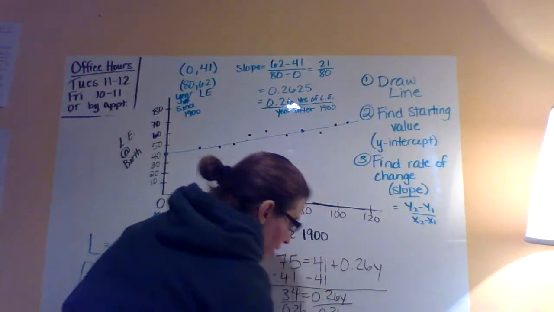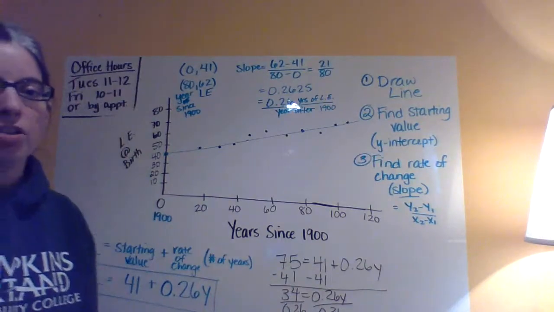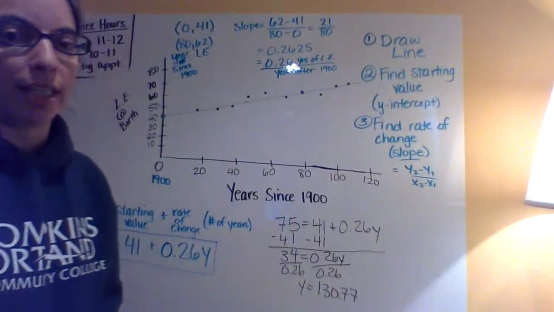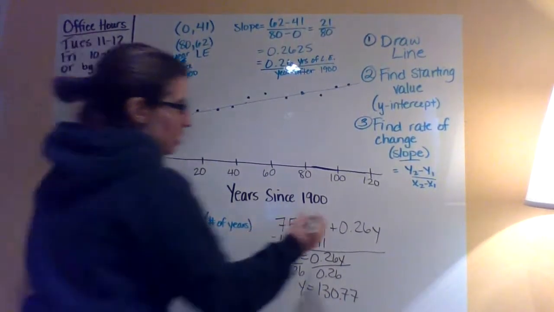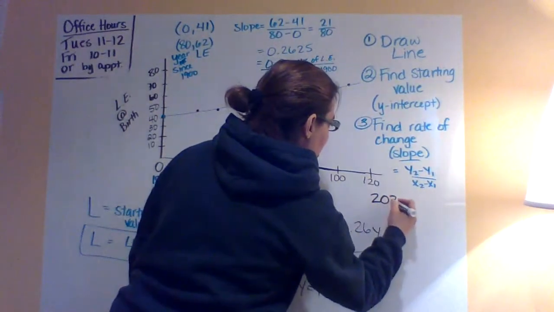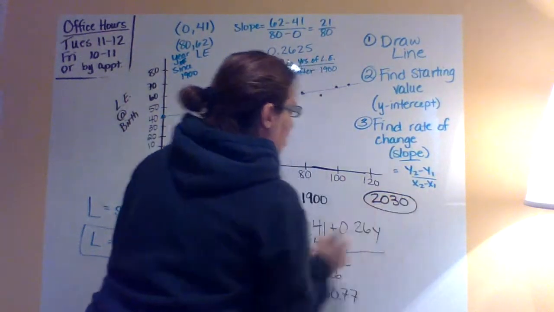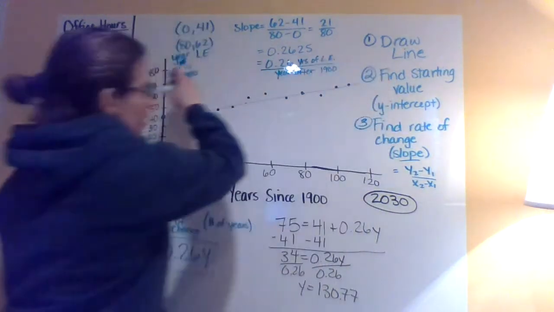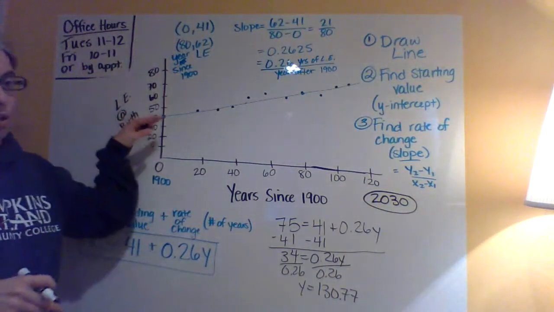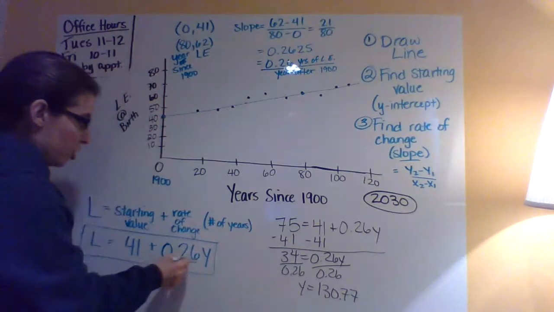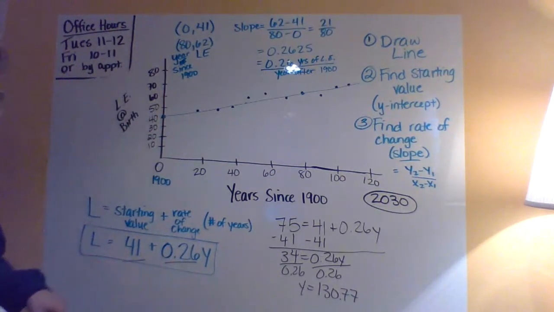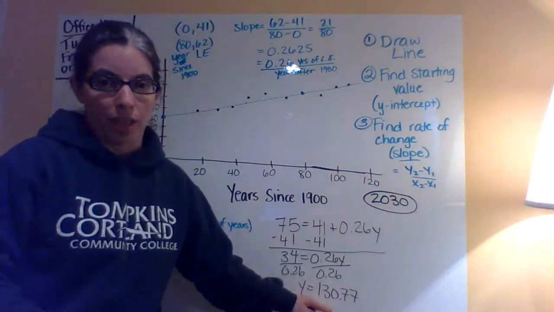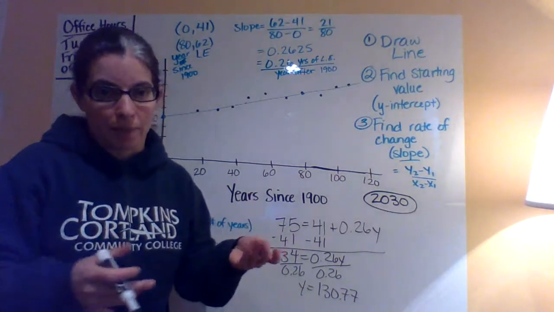130.77. Okay, what does that mean? 130 years after 1900. That means it would be babies that were born in 2030, roughly. I'd have to go out to 130 here to go up to where it was at 75. Now, if you used your own line and your own points, your rate of change may be slightly different, your starting value may be slightly different, and this will be slightly different, but it should be roughly the same.